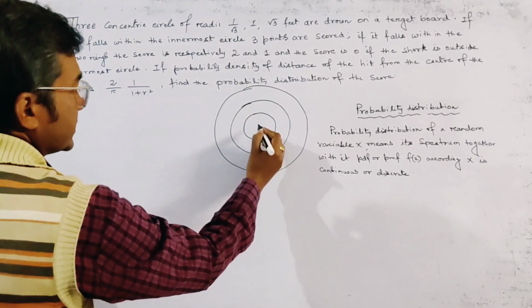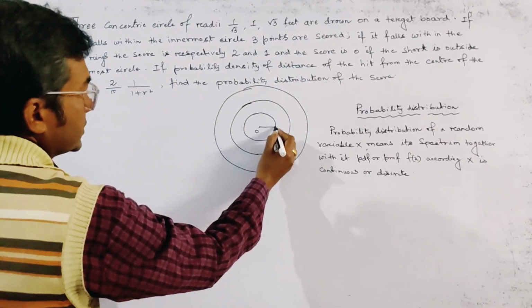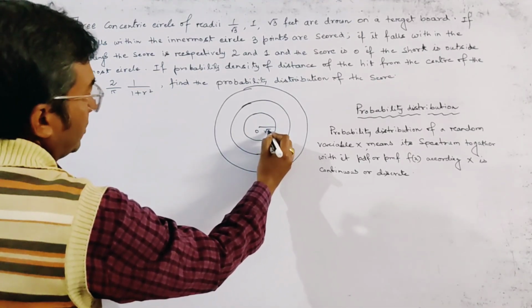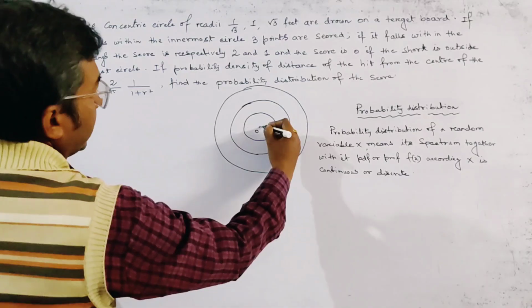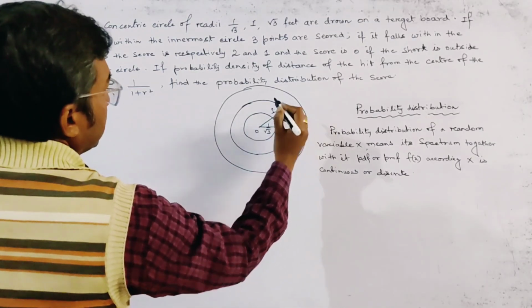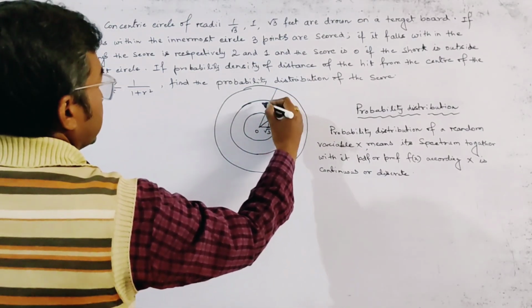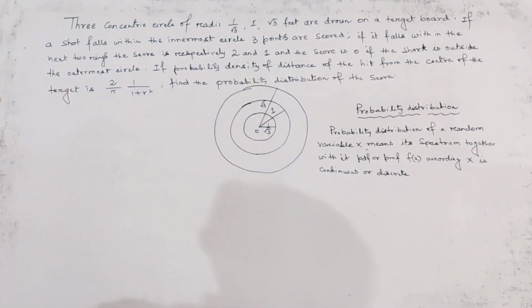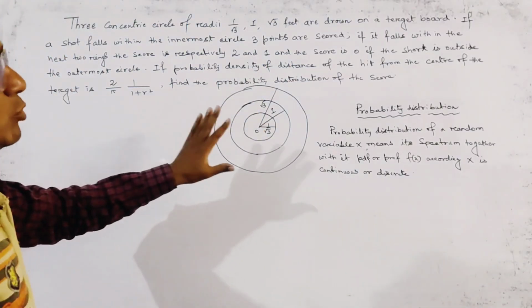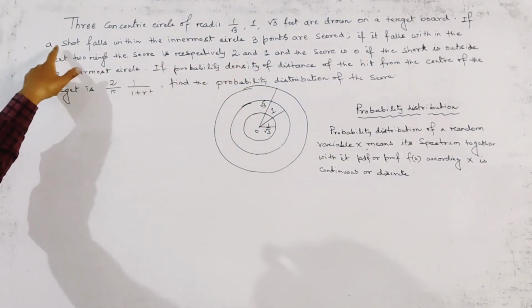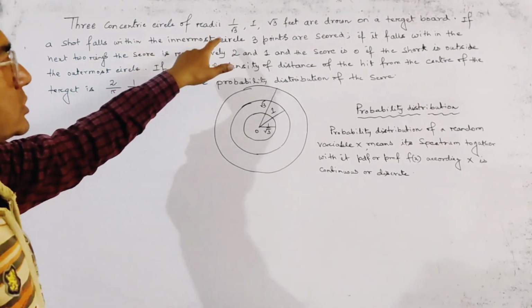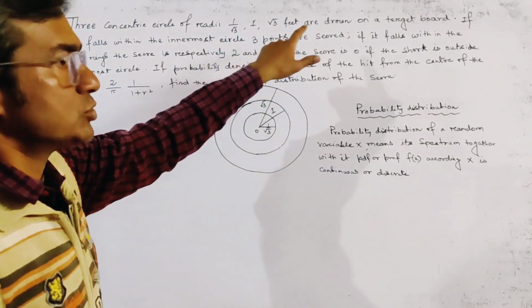This is the center, this is O, this is 1 by root 3, and this is 1, and this is root 3. Three concentric circles, and this is the target board. If a shot falls within the innermost circle, 3 points are scored.